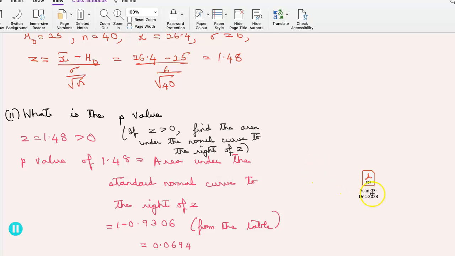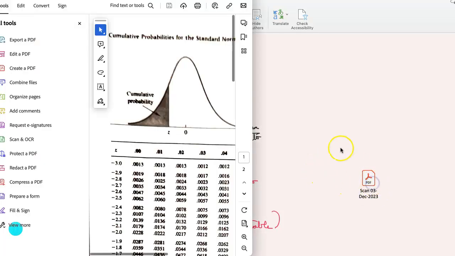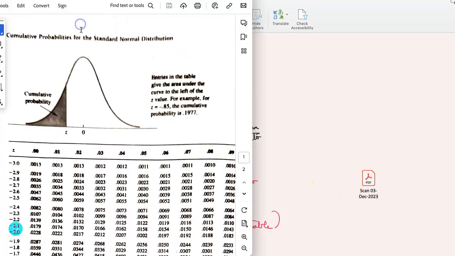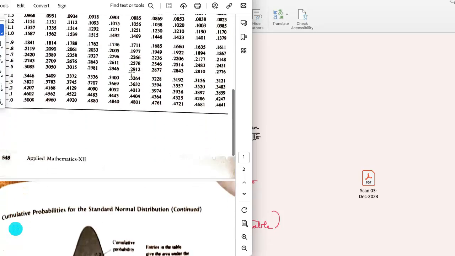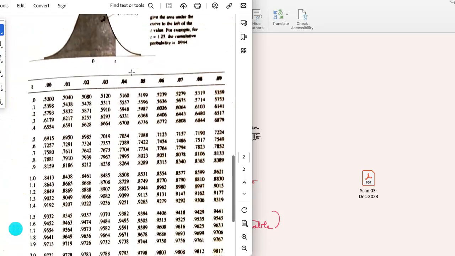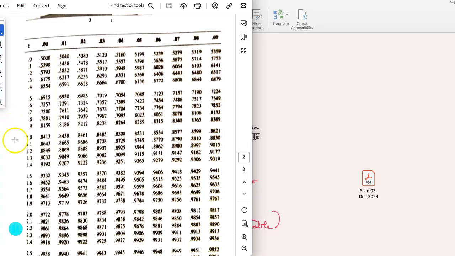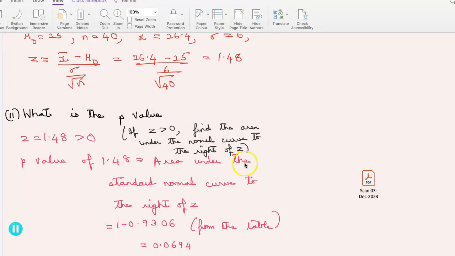So I will just look at the table for 1.48. You have 1.4 and 8. That is 0.9306.